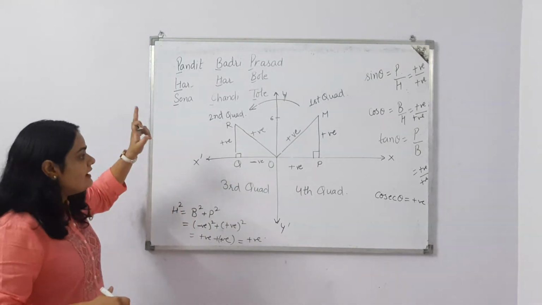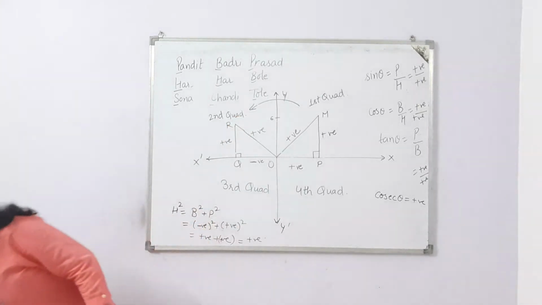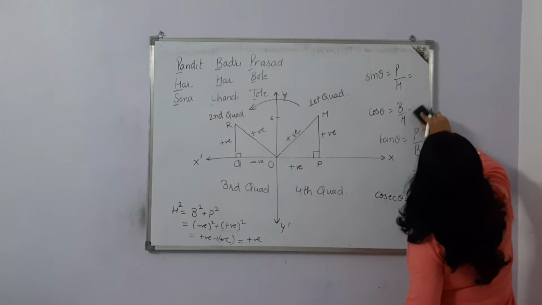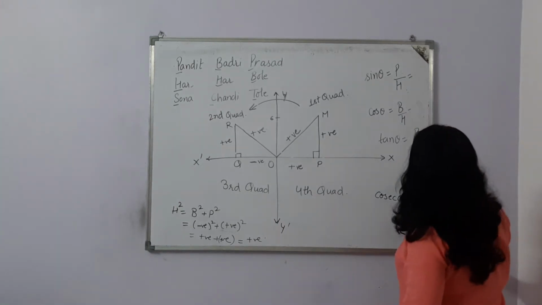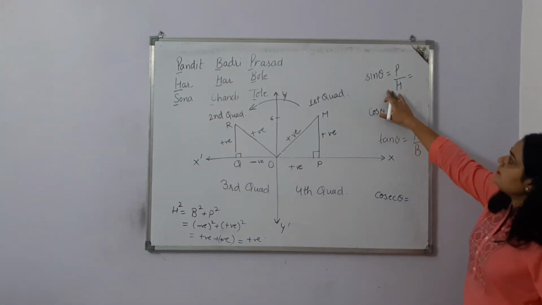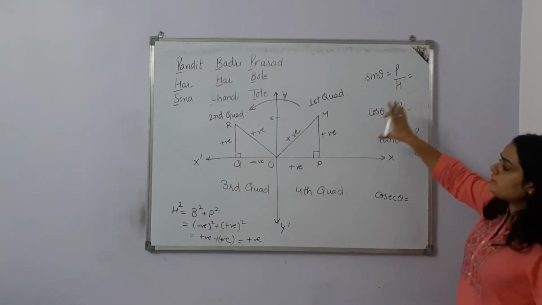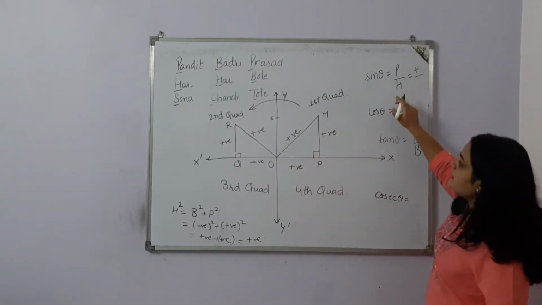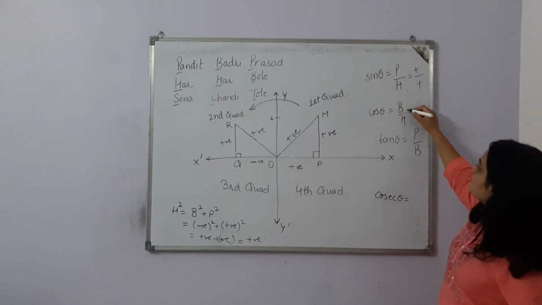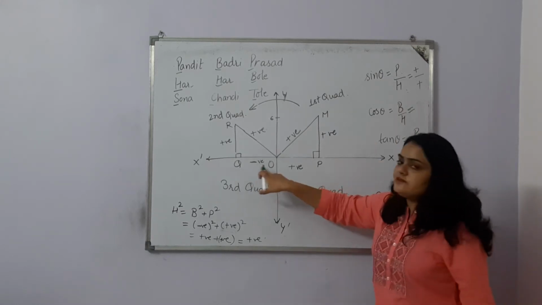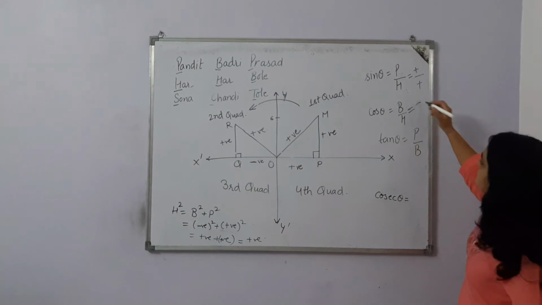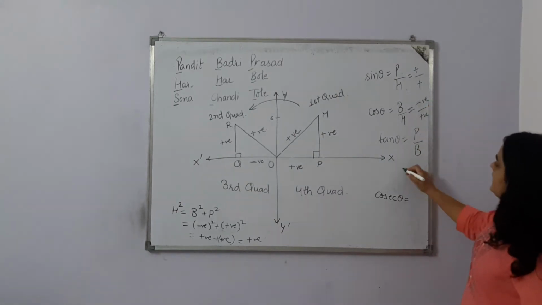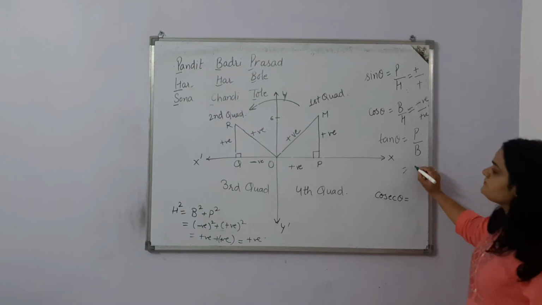So what will happen in the trigonometric ratios? Sine theta is perpendicular upon hypotenuse. Your perpendicular is positive and hypotenuse is also positive. Base is on the negative side of the x-axis and hypotenuse is positive.